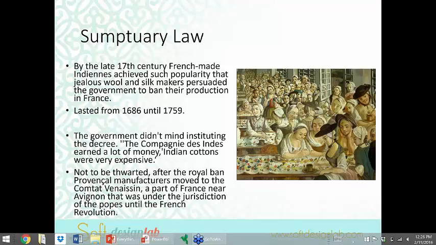It lasted from 1686 to 1759, which is kind of interesting. It was sort of loosey-goosey as far as enforcement, as I mentioned. Some of them were moved to Avignon, some of them moved out into the countryside, into Alsace, but until the French Revolution, basically, there were laws not allowing for the production of it.